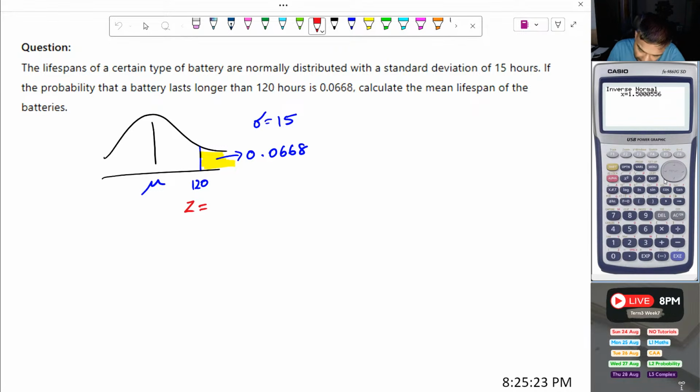When I do this, I'm getting a Z value of 1.5. So if my Z value is 1.5, then the formula is going to be... before I do that, let me just check something. I just want to paste the next question so that we don't have to.